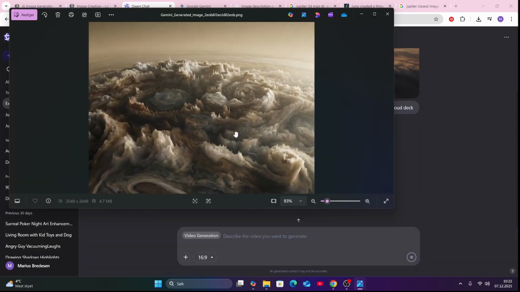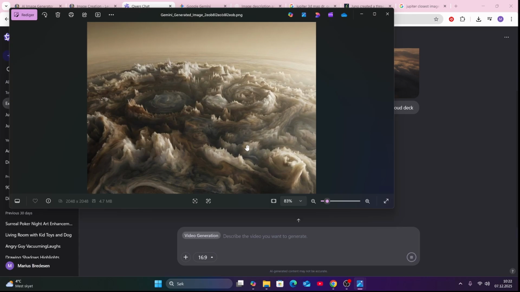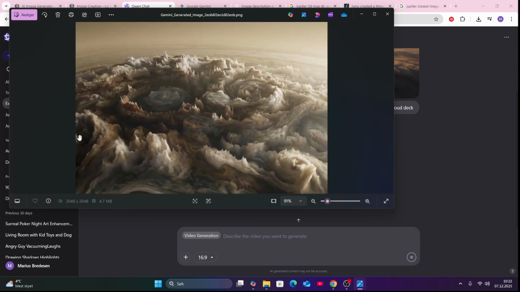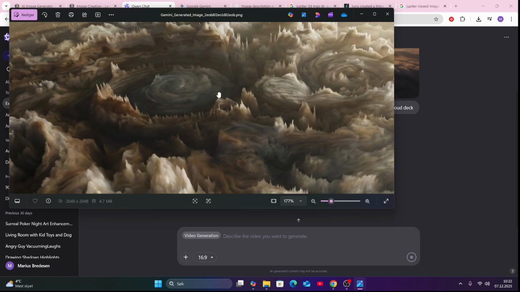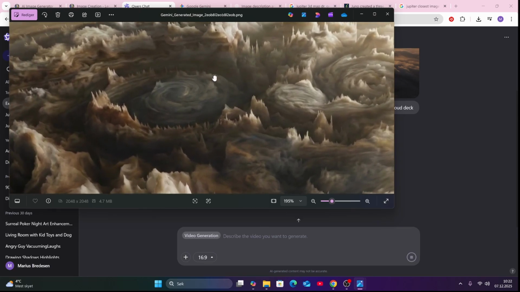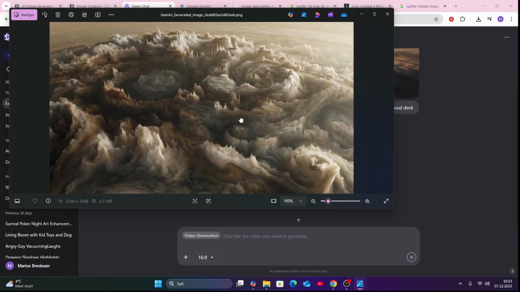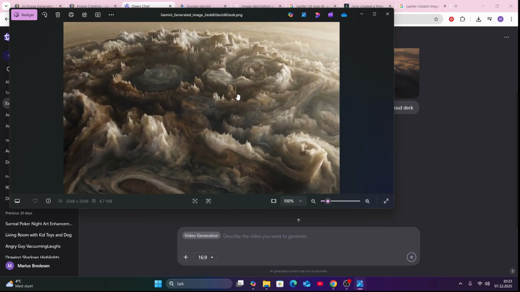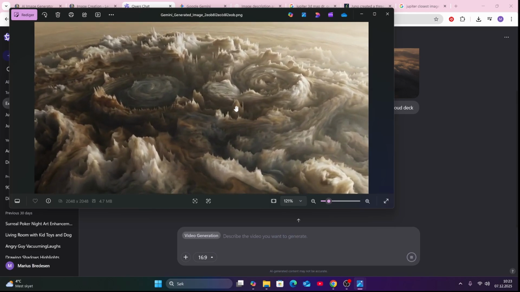The best thing to do would be to probably combine these images. A smoother version of this thing, which is not so spiky, but what Gemini gets right is those swirling winds. That's something it gets right. I think the hazy atmosphere is probably correct. That just seems logical to me.